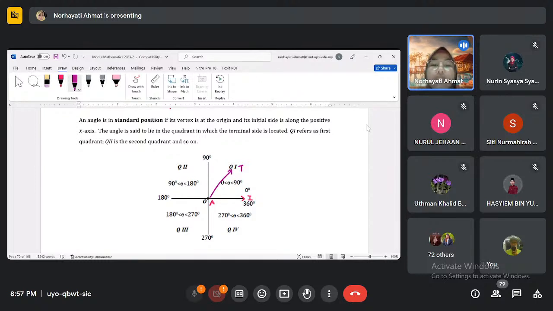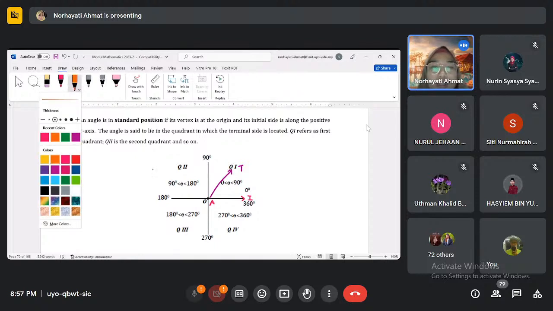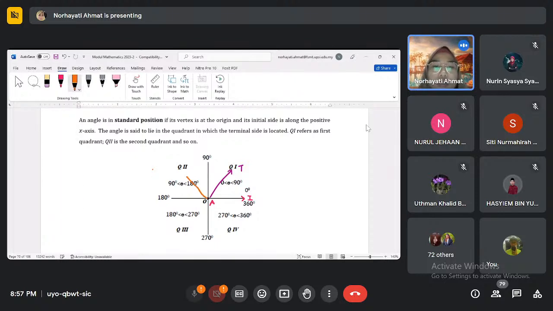So if the terminal point lies here, sorry, it's not straight. So we have here terminal point. So it lies in second quadrant. So we call the angle is between 90 degree to 180 degree.